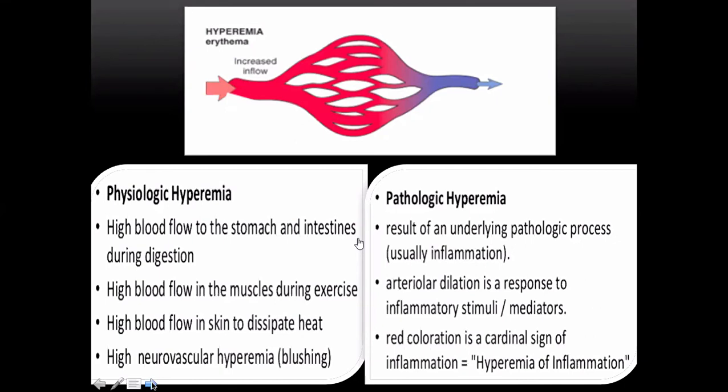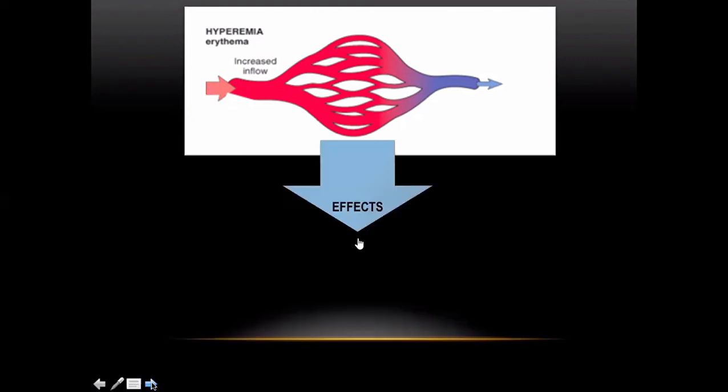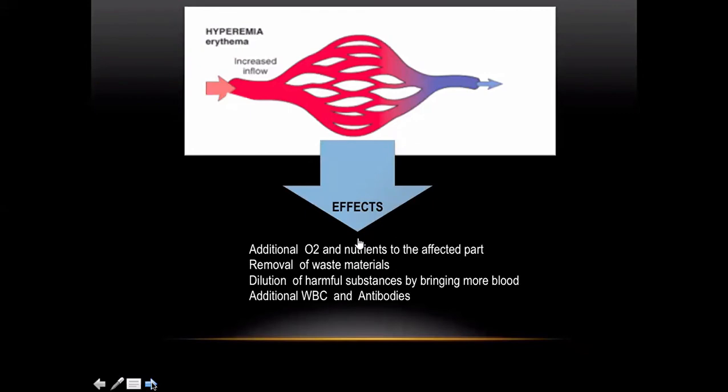That's why there is a red coloration when there is inflammation, which is a cardinal sign of inflammation, rubor, or redness. There is a hyperemia of inflammation. So what are the effects? What happens if you have hyperemia? Additional oxygen and nutrients go to the affected part, which is good because there is plenty of oxygen. It can also help in the removal of waste materials.